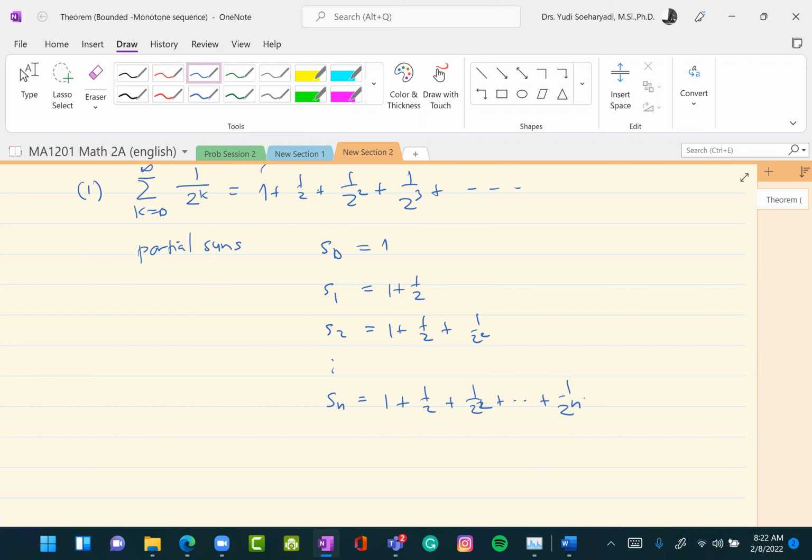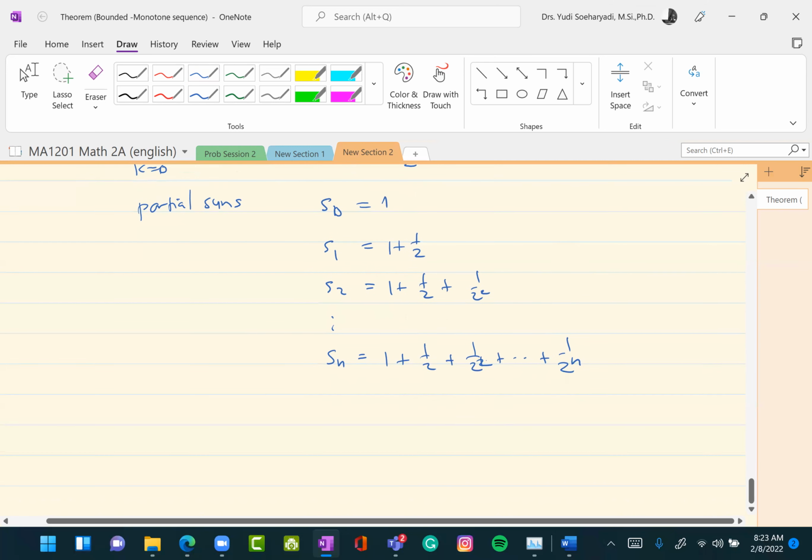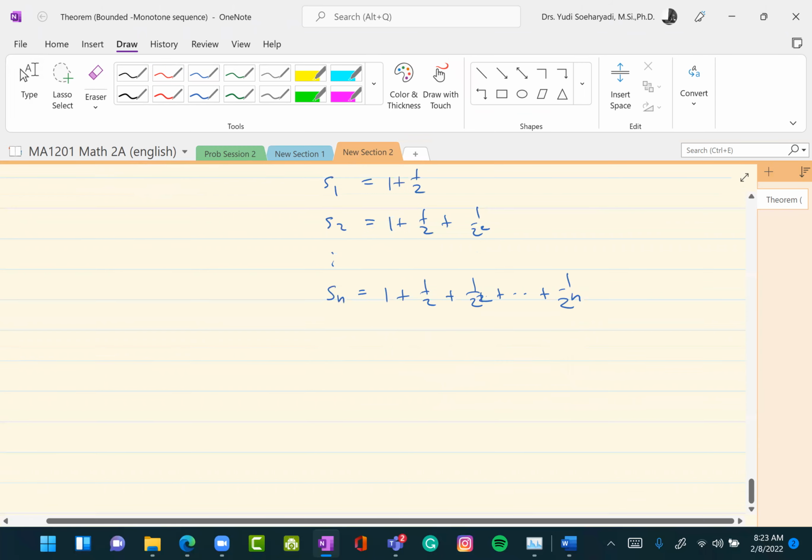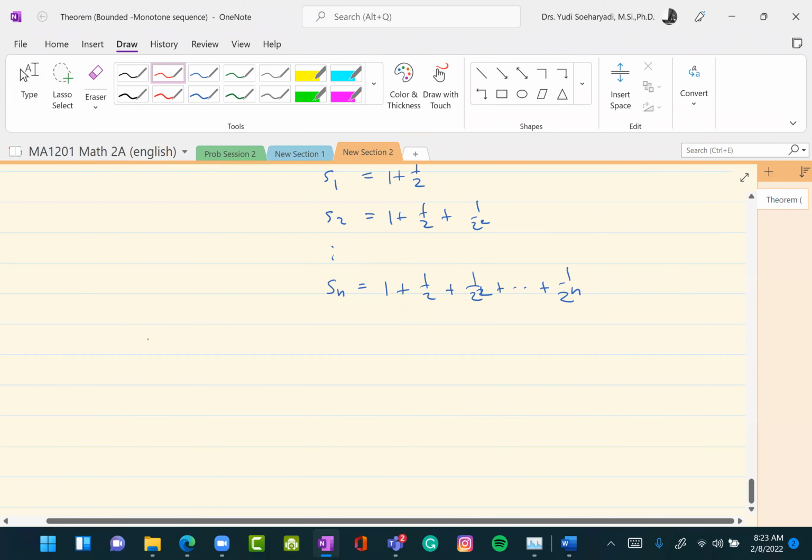Let's check this out. We know how to compute this one explicitly, so let's go back to this one later and do this one first. We know from the previous formula, if you do this kind of summation, you can start from 0 or from 1, it doesn't matter.